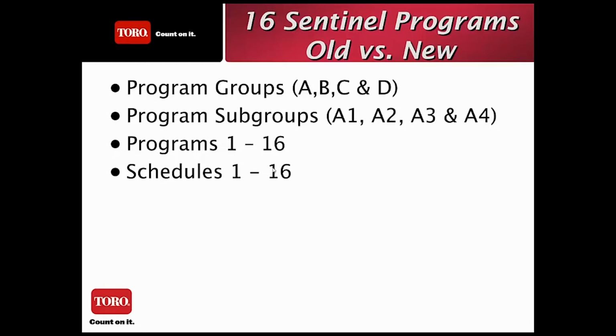There are 16 schedules, depending on your version of controller. If you have any version 3 controller, you have 16 schedules. I'm trying to remember back in the old days of version 2, I don't think there were 16 schedules. I can't remember what it was, but if you've got anything current over the last probably 10 years, you're going to have 16 schedules.